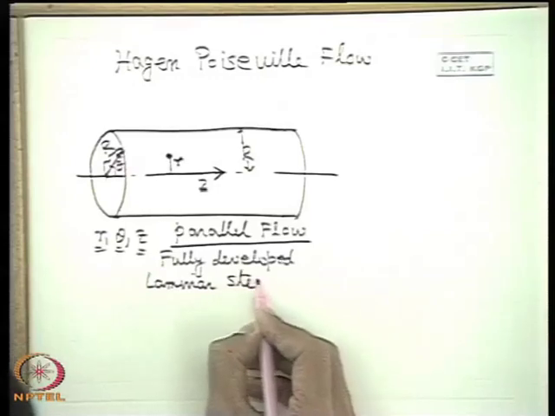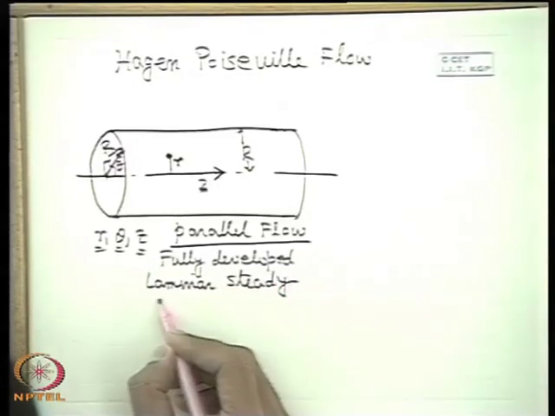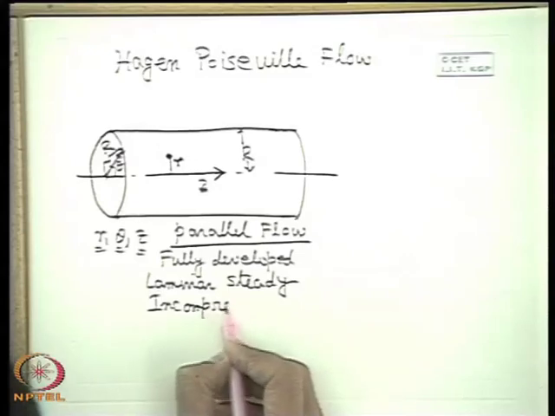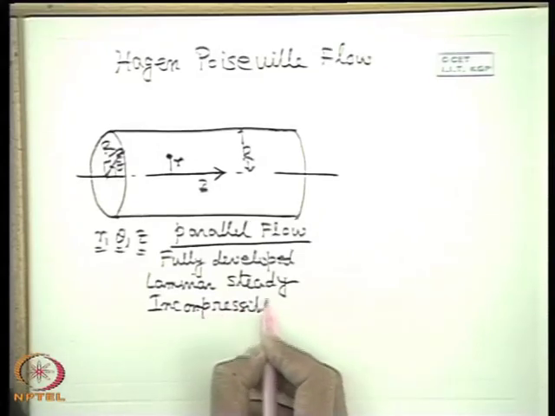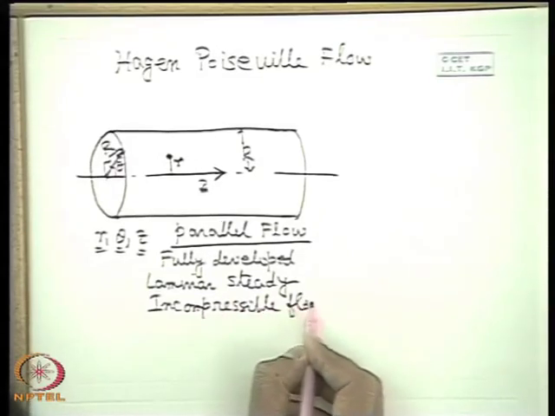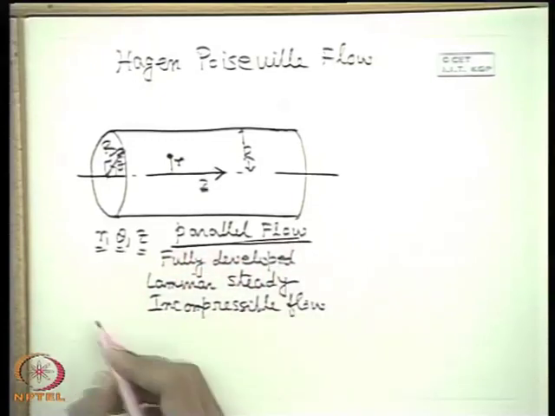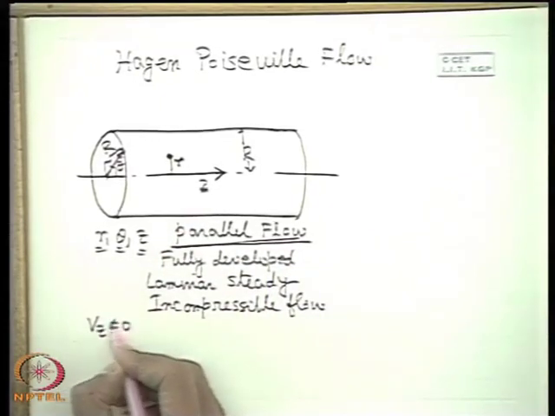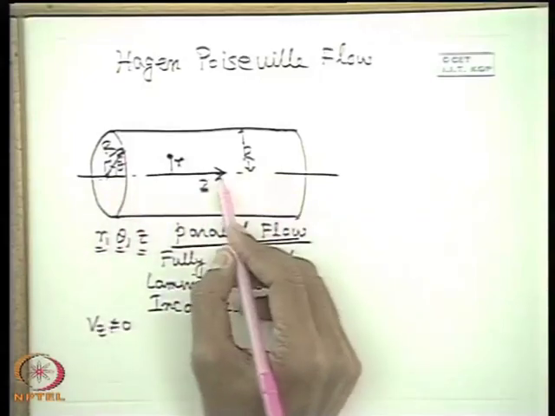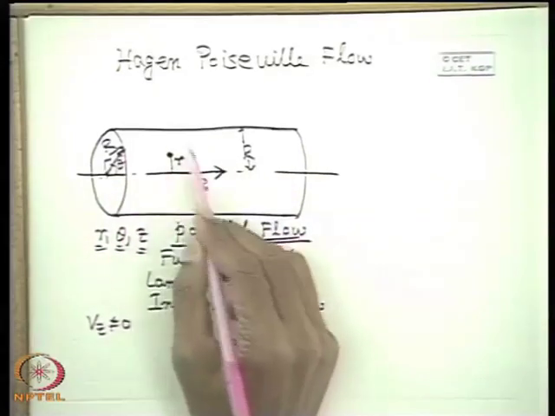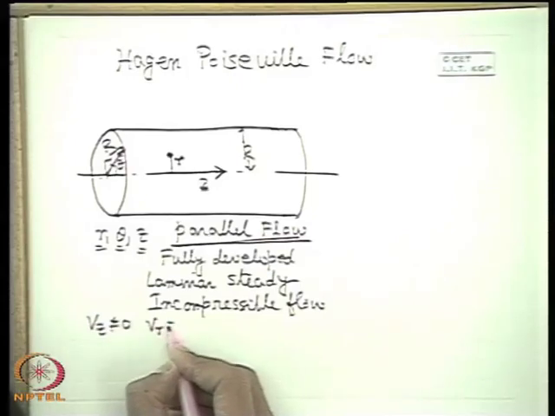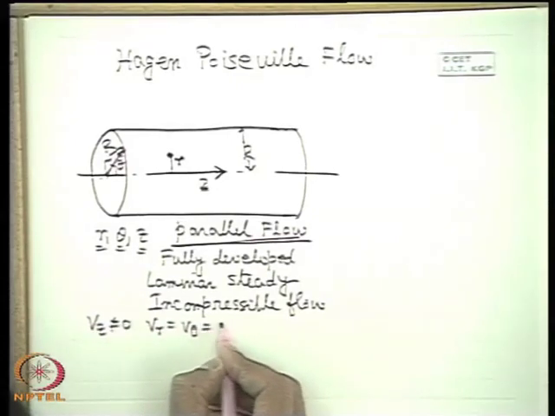When it is a parallel flow, by definition Vz is not equal to 0. The flow is always in the axial direction. There is no component of velocity in the radial or the azimuthal, that means tangential, direction. That means Vr and V theta are both 0.